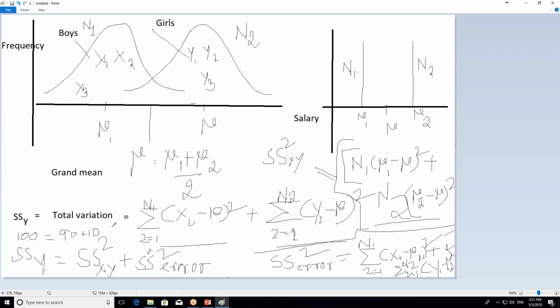Only 10% comes from variation within the group. It means these two groups are far from each other, completely distinguishable. The difference between the groups is highly significant in the data variation. So this is what we need.